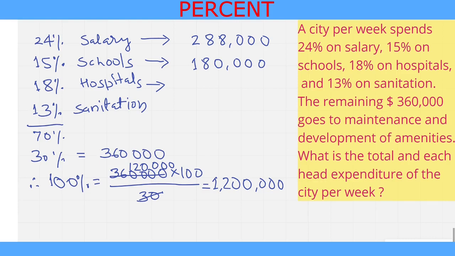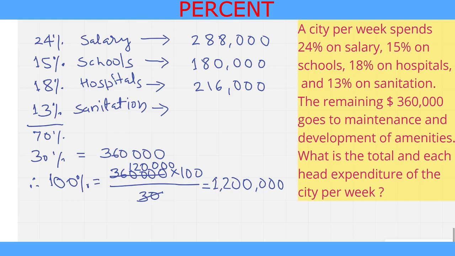For 18% we can calculate it by 20% minus 2%. 10% of 20% is 2%. 20% of 1,200,000 is 240,000, and 10% of 240,000 is 24,000. So 240,000 minus 24,000 is 216,000. That will be 18%. 20% minus 2% is 18%. So on hospitals, the expenditure is 216,000.